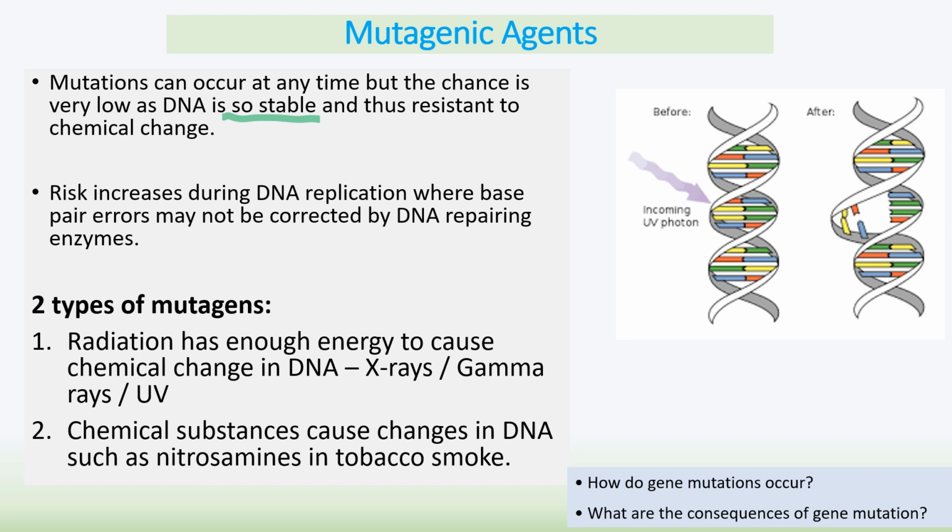There are two main types of mutagens from that list I just gave you. The first type is radiation, which has enough energy to change the chemicals in DNA, and the second type is a chemical substance that can change the DNA, so maybe add extra chemicals to it, which is what tobacco smoke does.